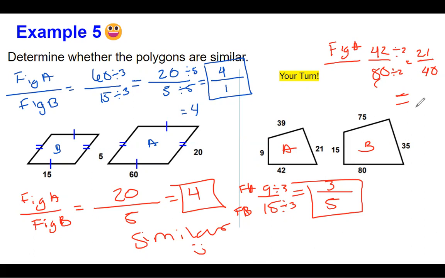Do you have a calculator? What's the decimal value, guys, of 21 over 40? It should be something less than 1.